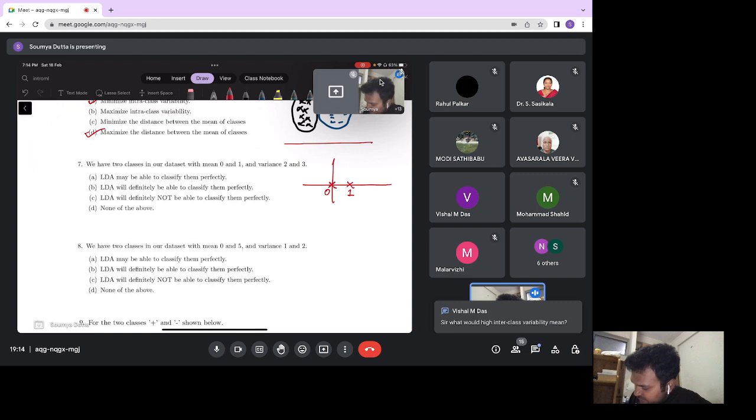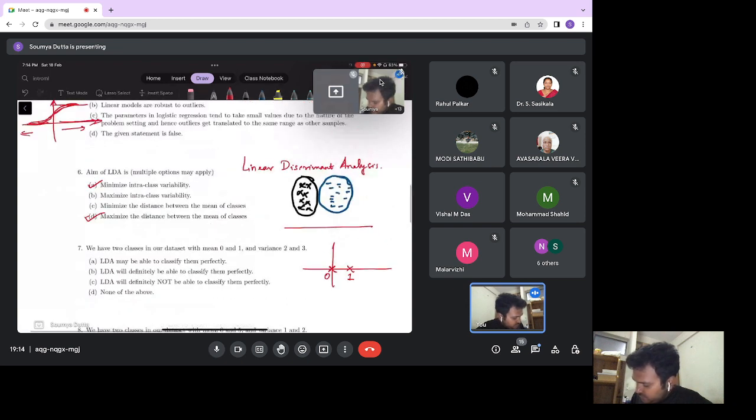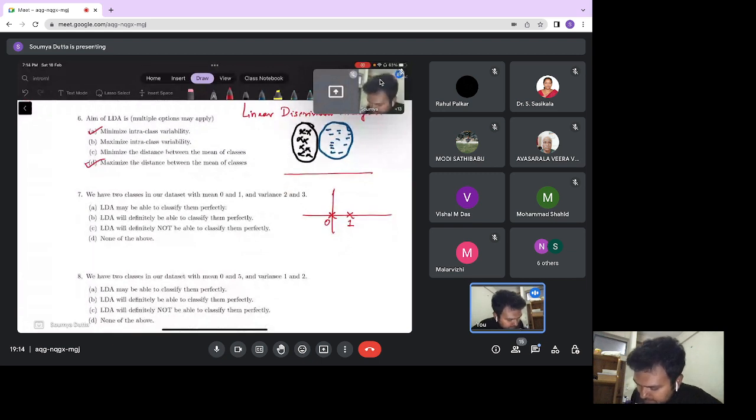If you consider this, what would high interclass variability mean? Okay, we are not talking about interclass variability, we are talking about intra-class variability. So let me give you a graphical example that would be better, I guess.